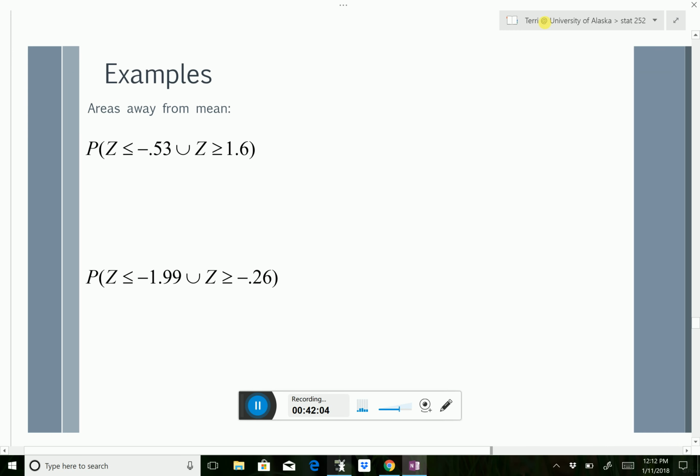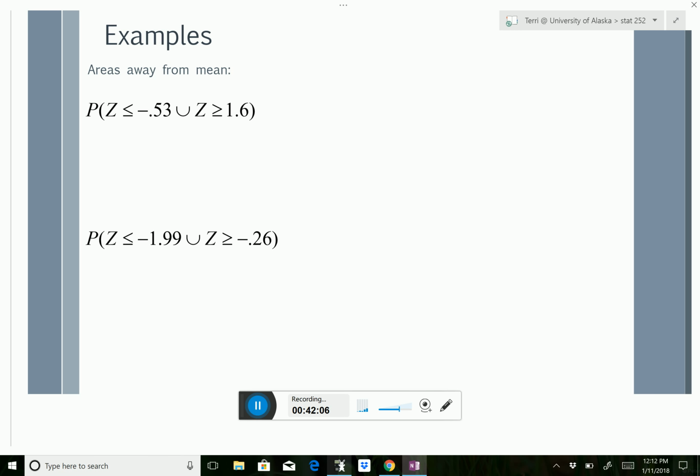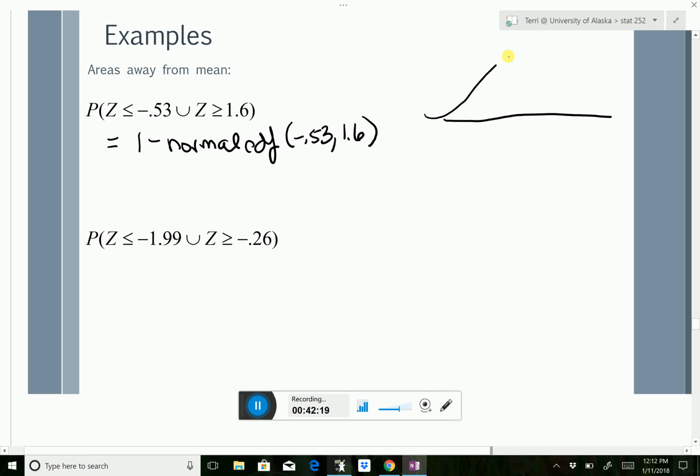So let's do an example of areas away from the mean. So remember, in this case, we want to go 1 minus the normal CDF, area between these two. So when I'm looking at this guy, here's negative 0.53, here's 1.6. I want this area out here, and I want this area added together.